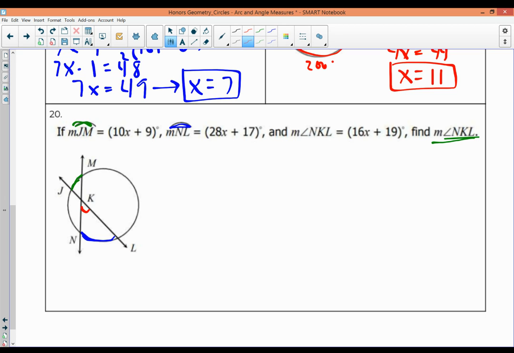All right, so this is intersection N, and we have both of the intercepting arcs here with this angle right there. So I know that the measure of the angle is half of the sum of the two intercepting arcs.